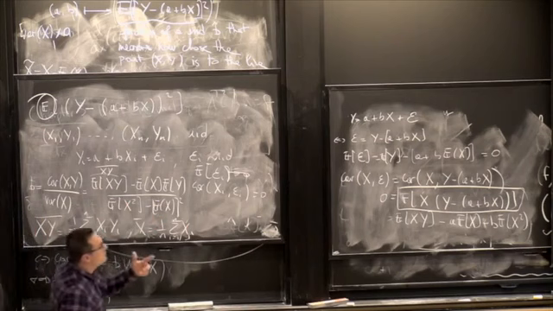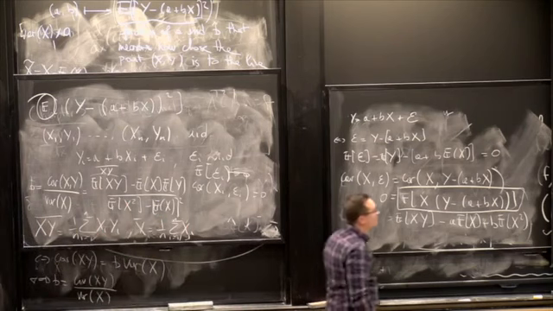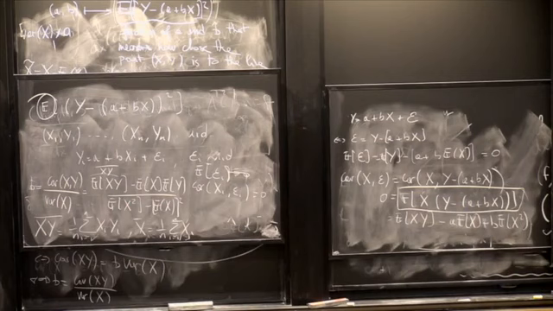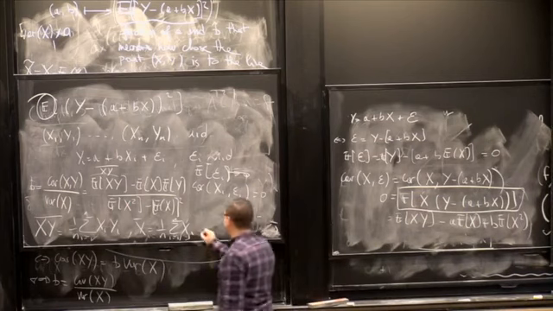X squared bar is the average of the squares, and x bar squared is the square of the average.